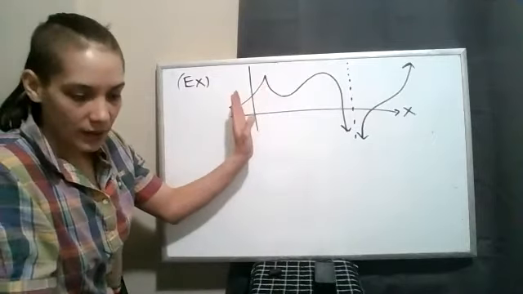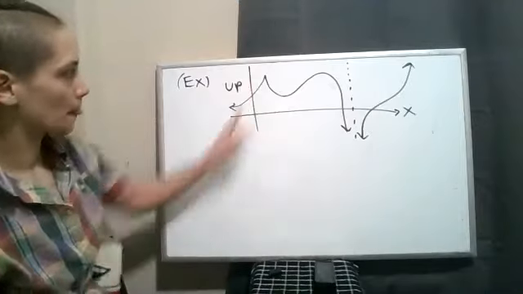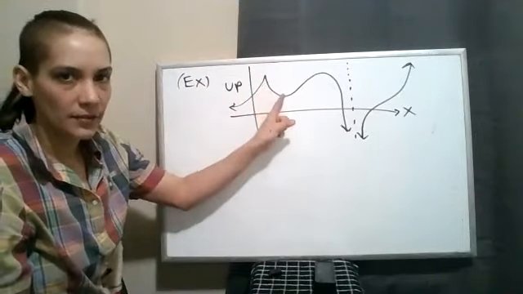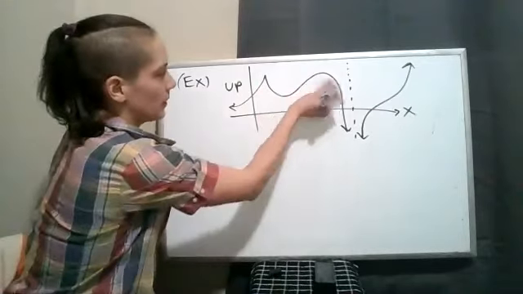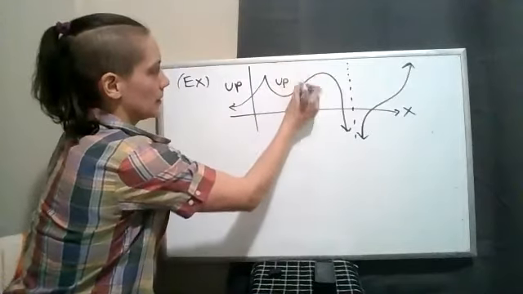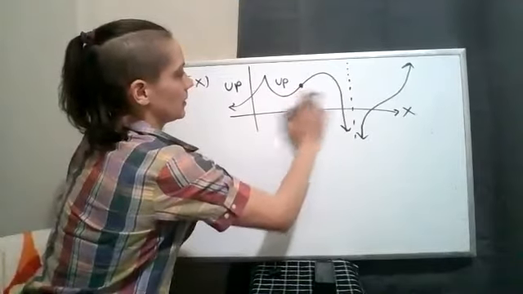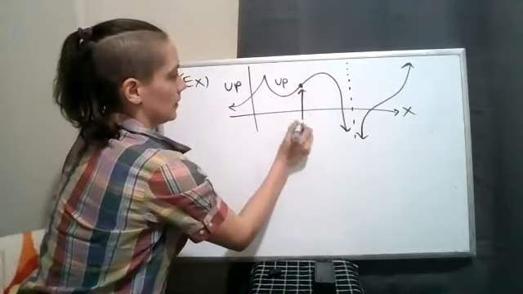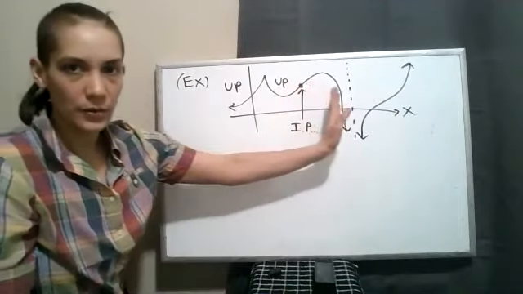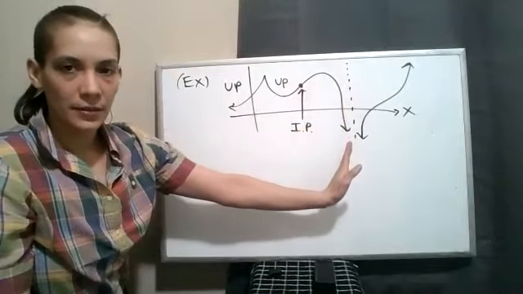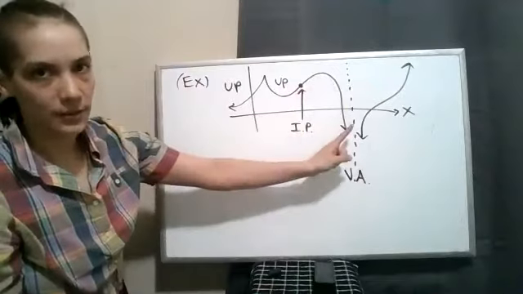Okay, we have concave up, and we continue to have concave up until that inflection point right about there, when you switch from up to down. From here to that vertical asymptote, we have concave down.